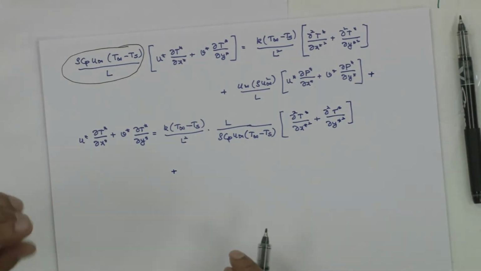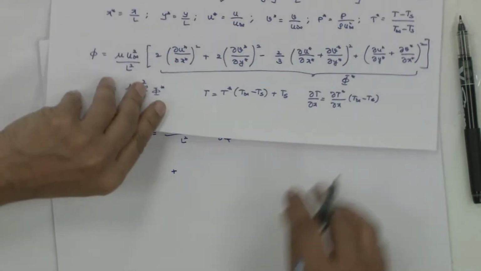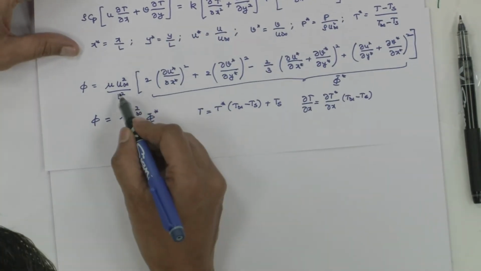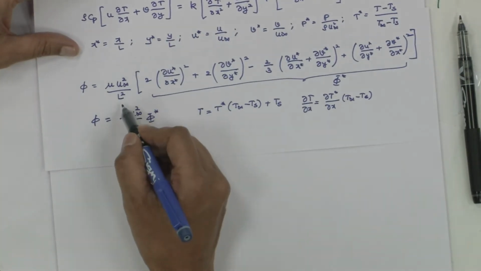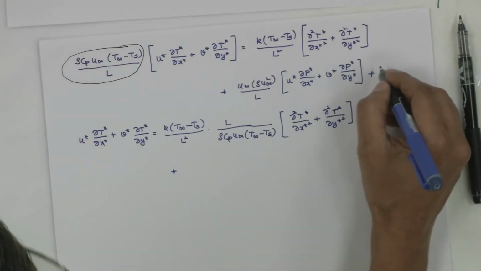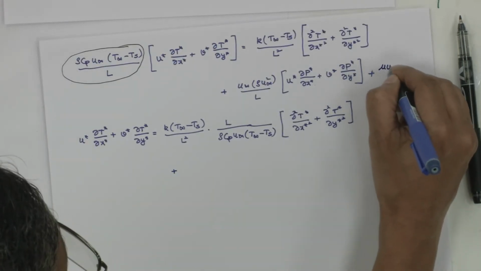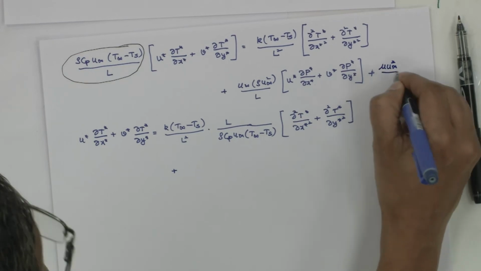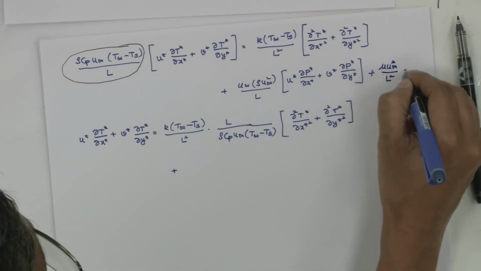For phi we had written down mu u infinity squared by L squared into phi star. That should be there here. Sorry about that. Mu u infinity squared upon L squared into phi star.